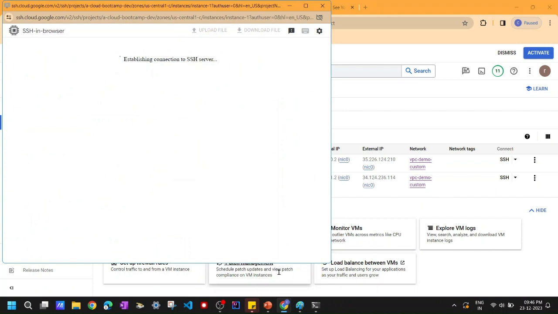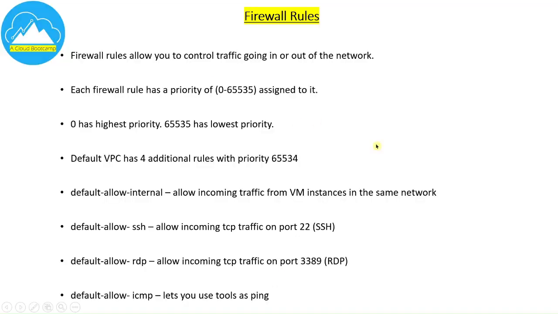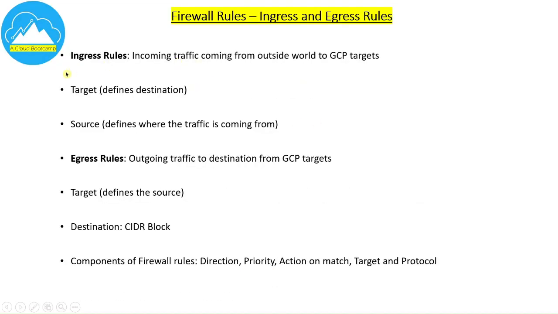So let's look at this second slide, which is pending. The ingress rule, which we discussed, is incoming traffic coming from the outside world to the GCP targets. The target for an ingress rule defines the destination, and the destination is our virtual machines, for example.